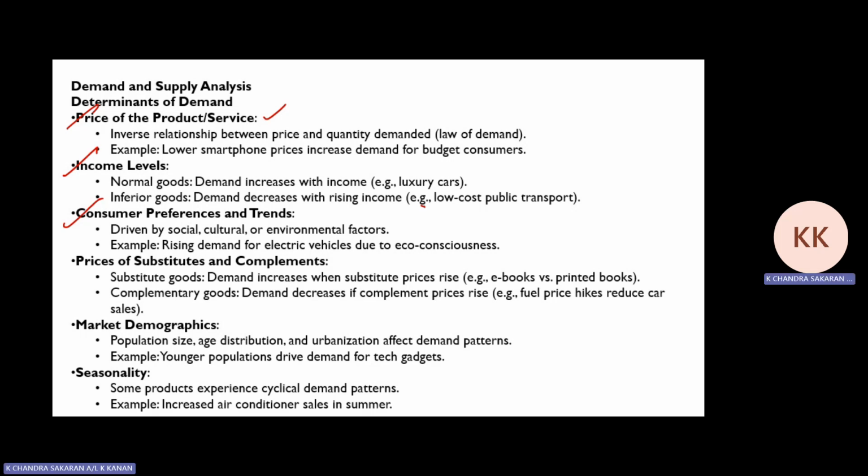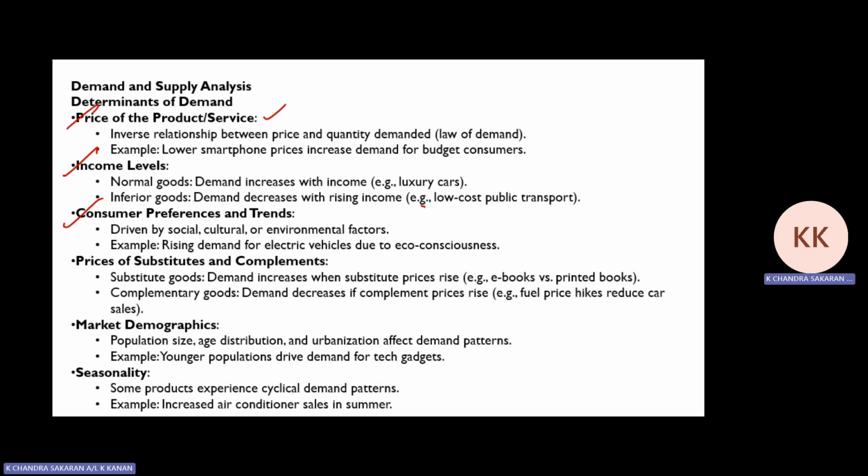If the consumers in the market are becoming more and more educated over the time, more aware about the importance of environment, more aware about the importance of health, they will start picking and choosing the kind of product that supports this idea of health and environmental friendly product.